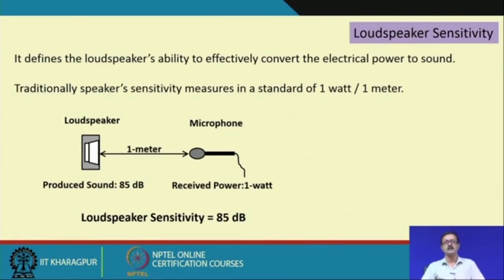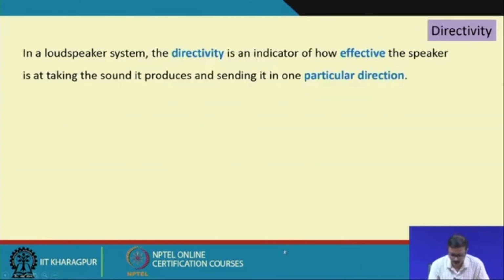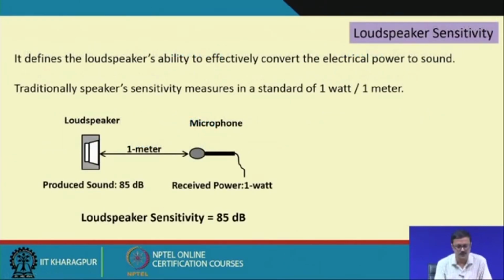Now, similarly to how we deal with microphones, loudspeaker sensitivity is also one of the important things, which can be defined as a 1 watt 1 meter scenario. If the power fed to the loudspeaker is 1 watt, and from 1 meter away it produces 85 dB sound, then I can say this loudspeaker sensitivity is simply 85 dB.